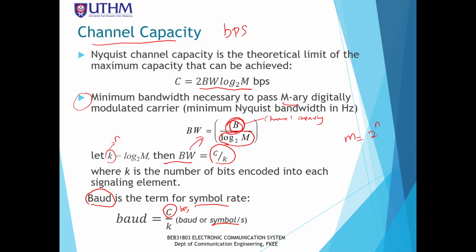Remember, one symbol consists of a few bits. For bit rate, it shows how many bits have been transmitted in 1 second. But for symbols, it is how many symbols we have transmitted in 1 second. That's a speed also.